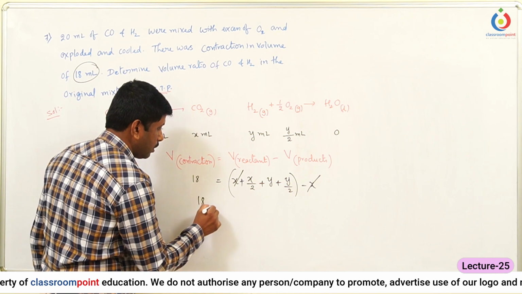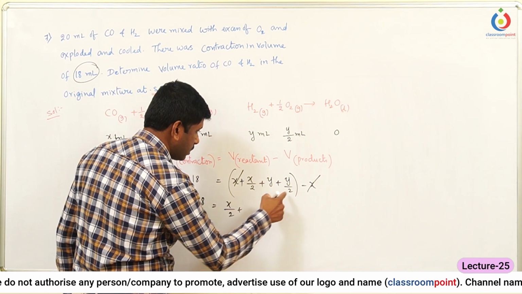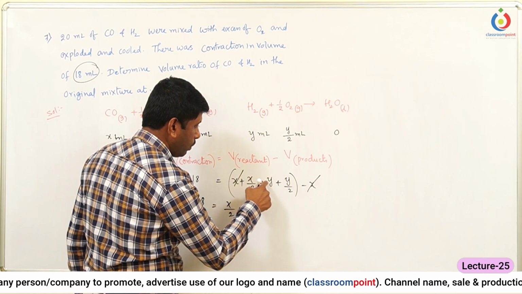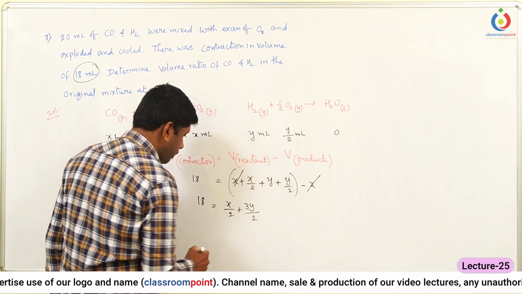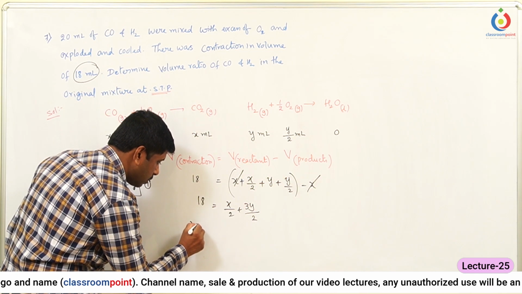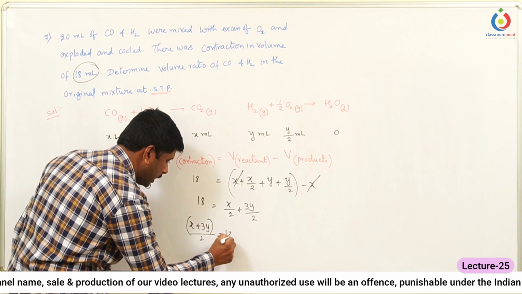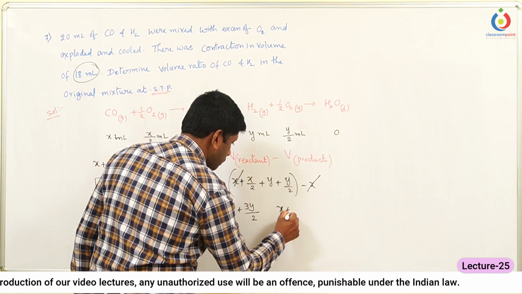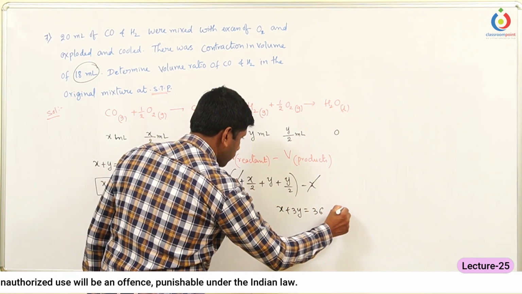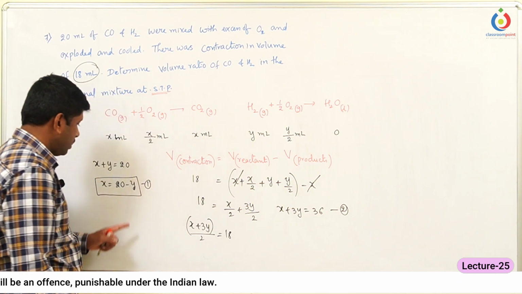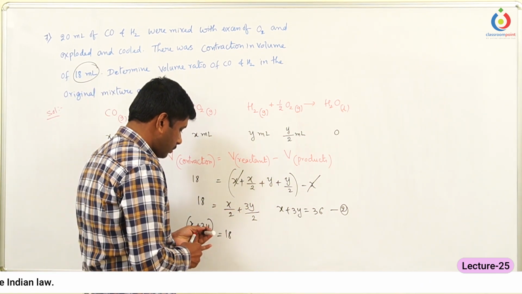So 18 is equal to X by 2 plus Y, plus Y by 2, which is 2Y plus Y, equals 3Y by 2. From this we can write that X plus 3Y by 2 is equal to 18, so X plus 3Y is equal to 36. Equation number 2.